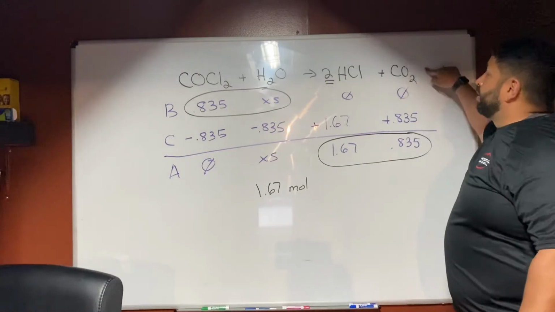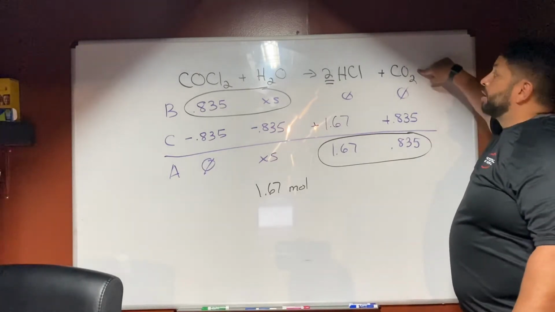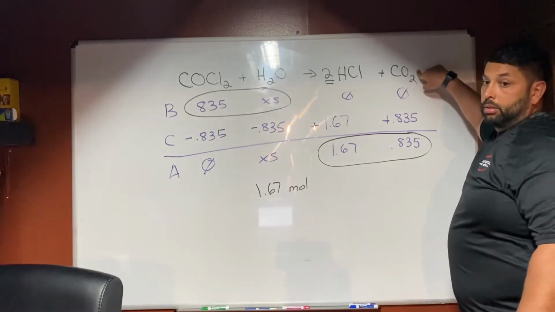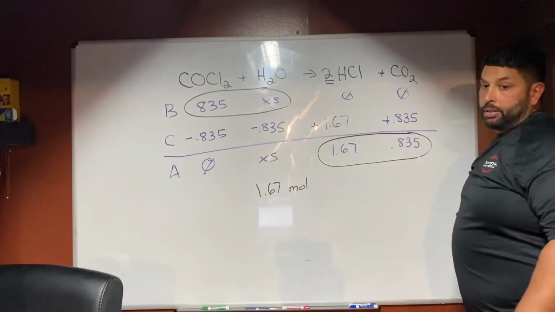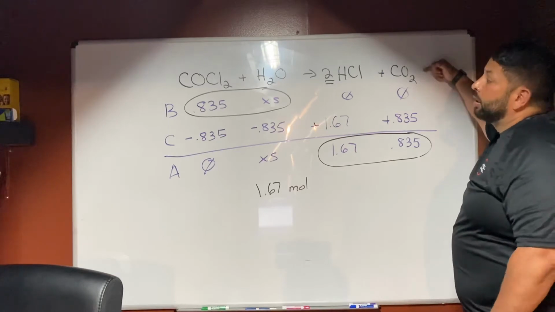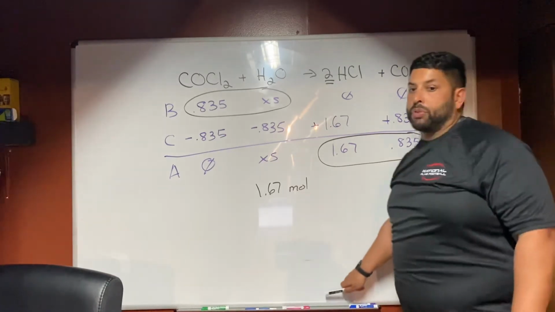Because you balanced this equation, this doesn't matter anymore. This already takes into consideration the law of conservation of mass. Masses can be different by number of moles present. So the balanced equation already took care of our law of conservation of mass. That's why the moles can be different on both sides.